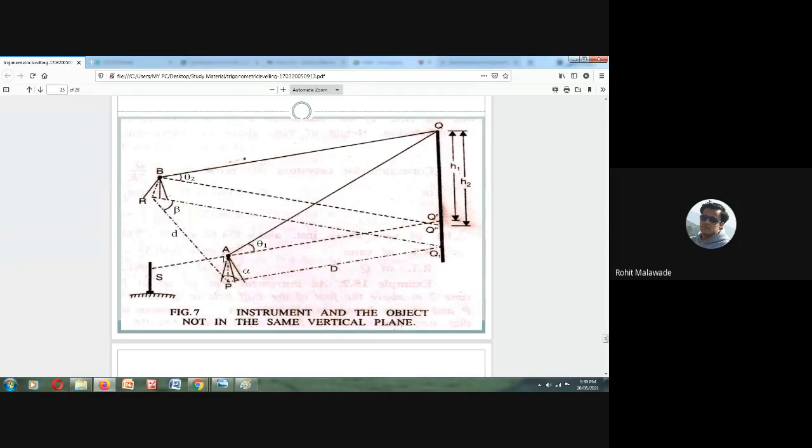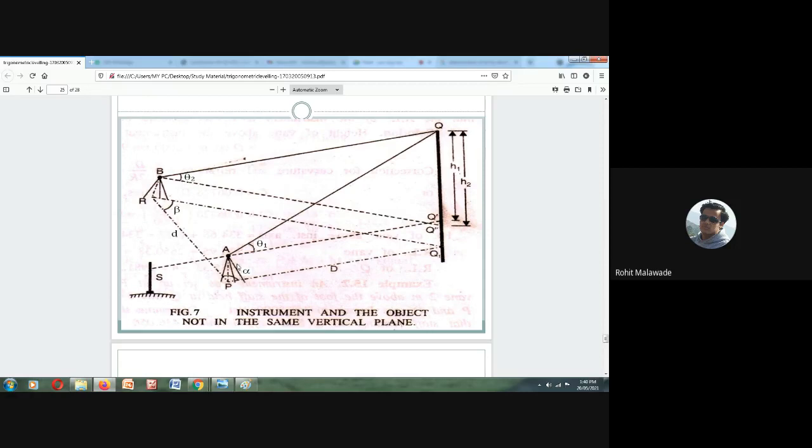Then we swing the telescope and look towards the station R, and note down the angle alpha. So this is how we will be measuring from P to R.